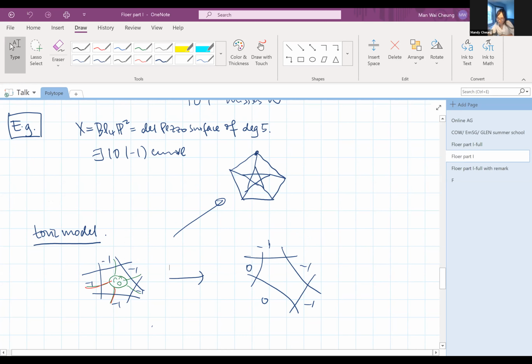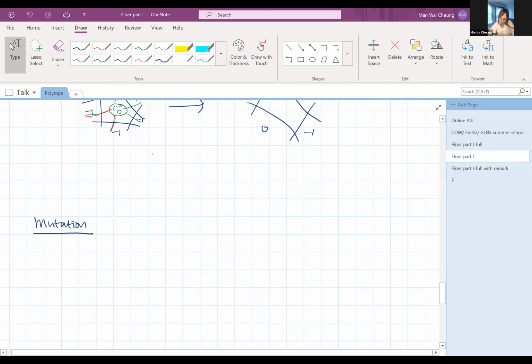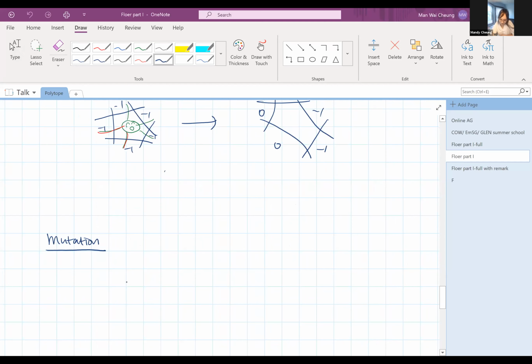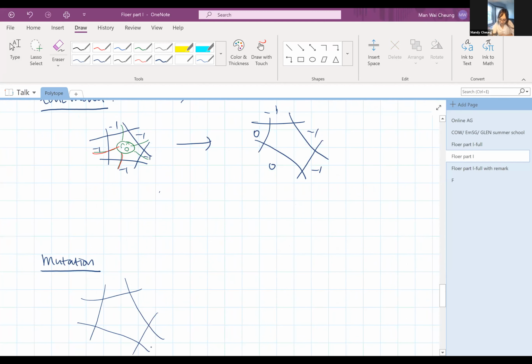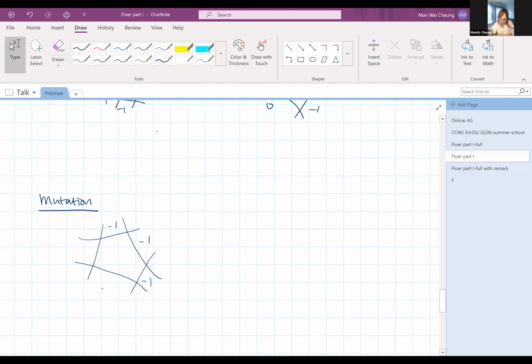So if you simply take 6 lines in P2, intersecting each other at 4 points, some configuration like this. Mandy might remember I had actually drawn this at a lot of talks. If you take 6 lines and blow up at 4 points, in P2 every pair of lines intersects.